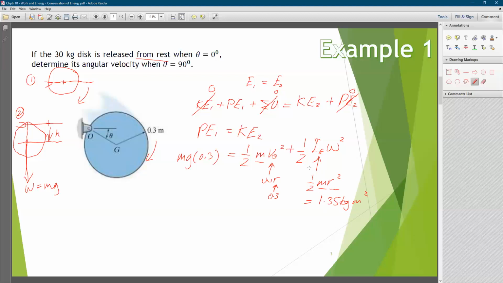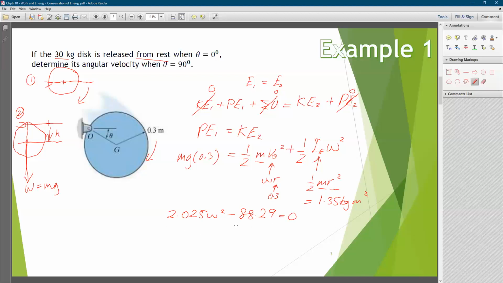If you plug in all the values, m equal to 30 kg, g is 9.81, then rearrange everything, you will get this equation equals 0.